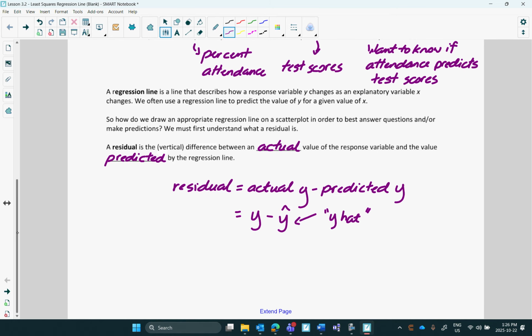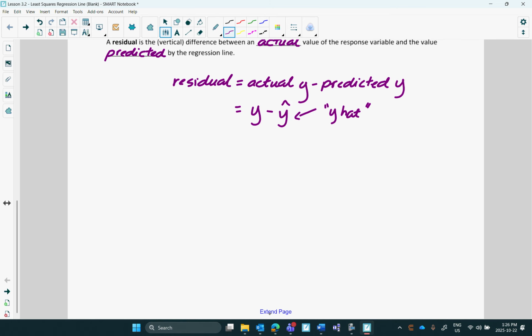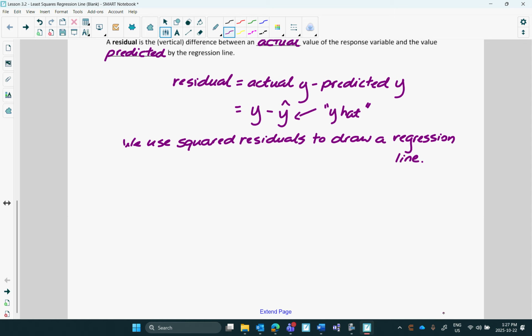So, why do we need to know the residuals? Because we use squared residuals to draw a regression line. Okay?